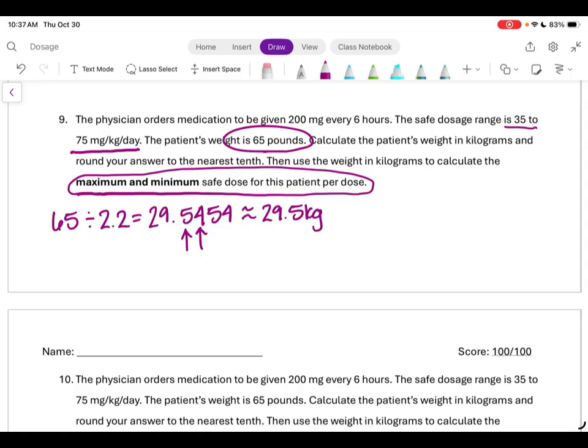Now let's do as we were doing before. So I have my range. It's 35, and then I'm going to multiply by my weight. And then 75, and I multiply by my weight. Let me do that real quick.